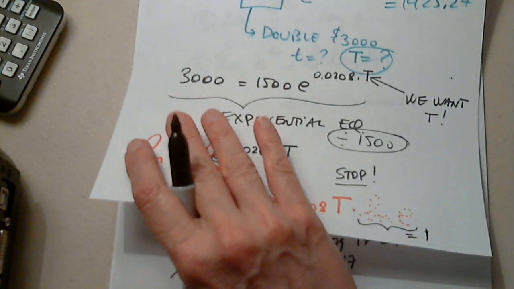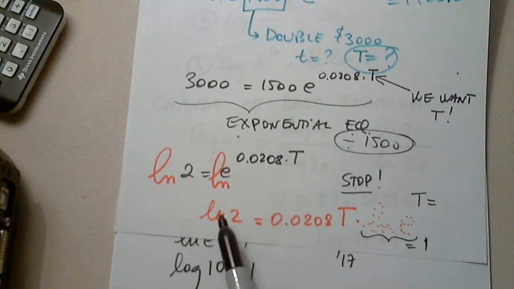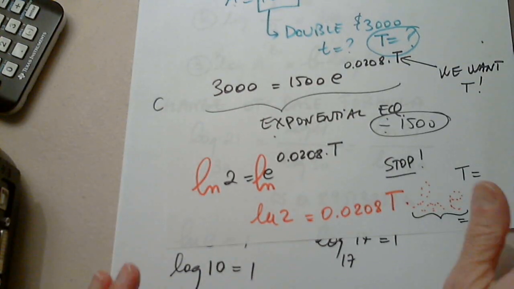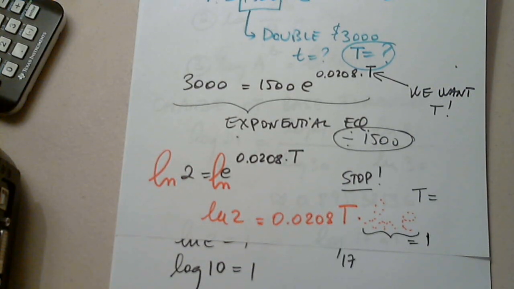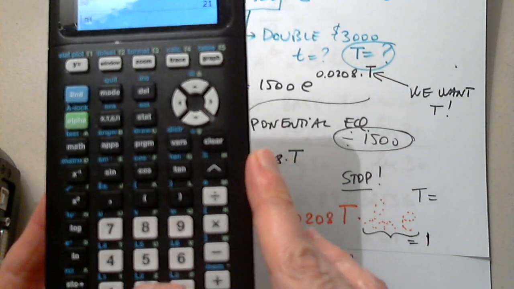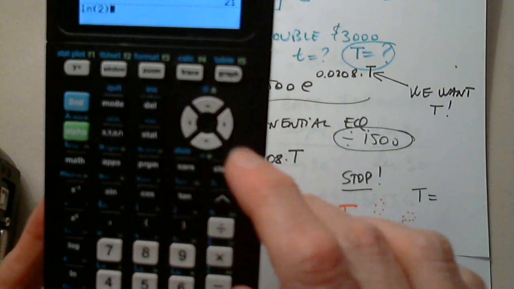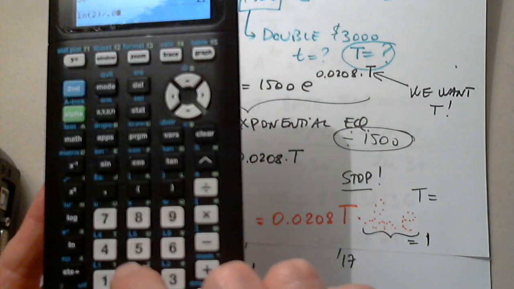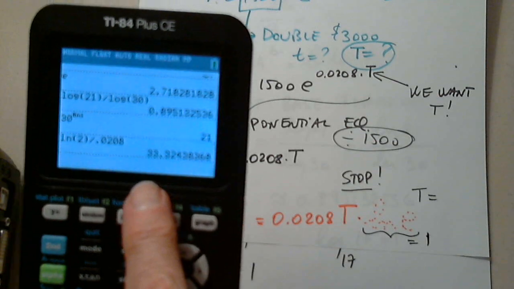So coming back to our problem, how do I get t? Dividing by 0.0208. Dividing this by this. That's all I'm going to do. Natural log 2, and I divide by 0.0208. And that's the doubling time.